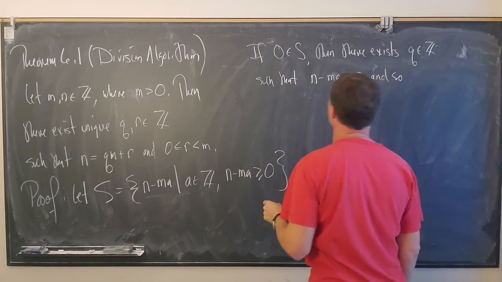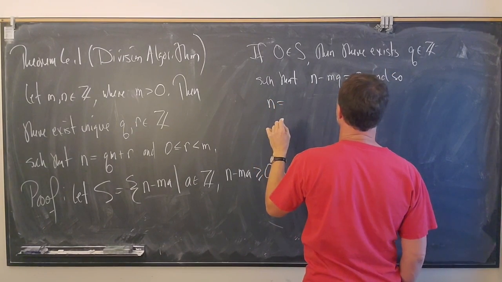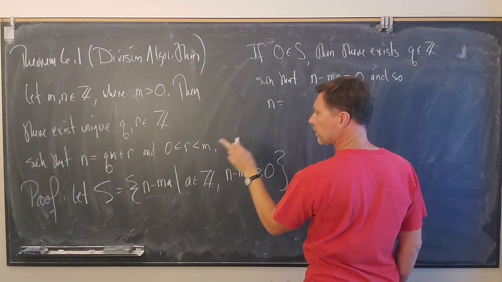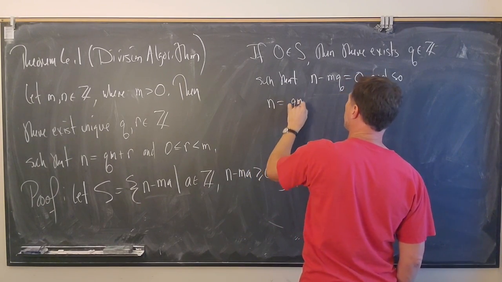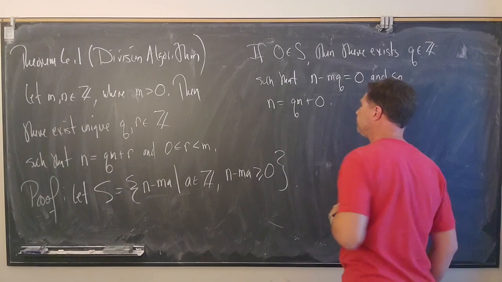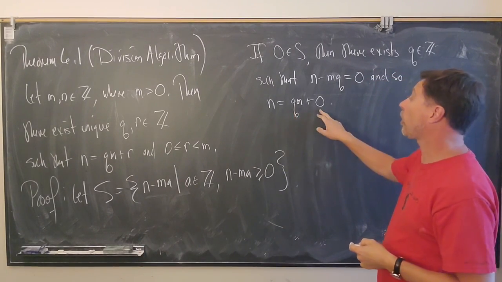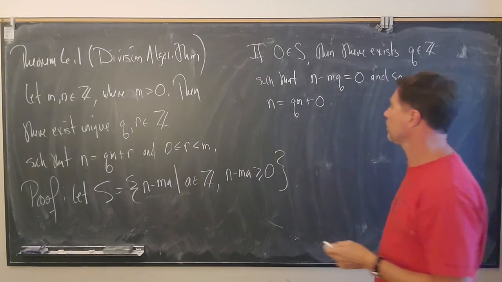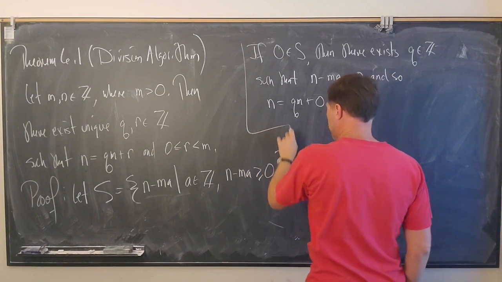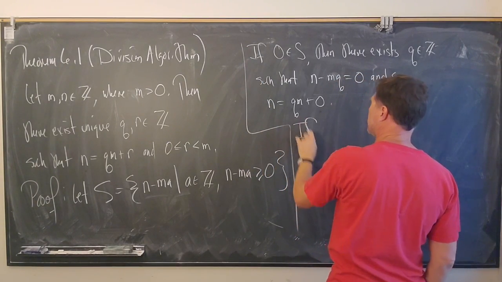And so n is equal to qm plus 0. Right, so in this case, we've got our q and our r is 0. Okay, so there's the first case, and then we'll consider the case where 0 is not in there.